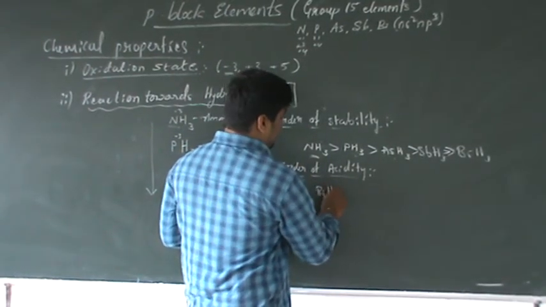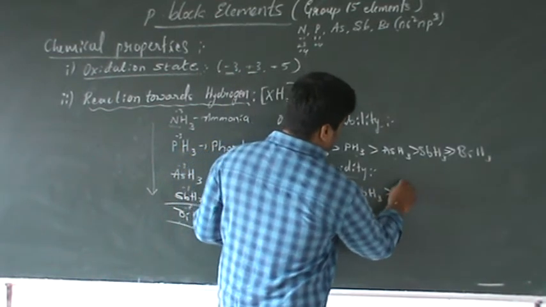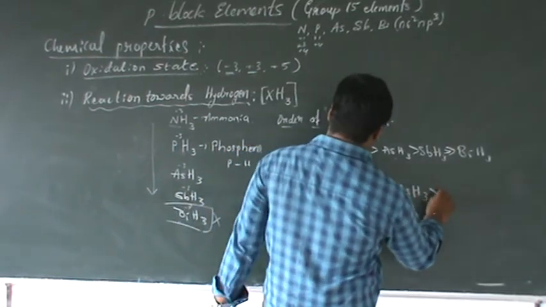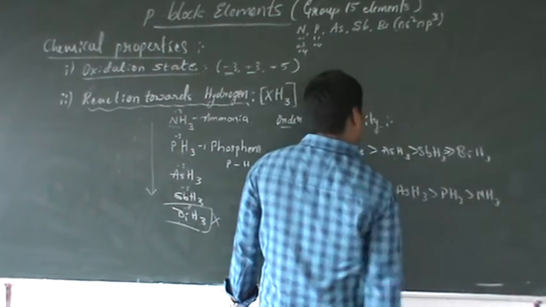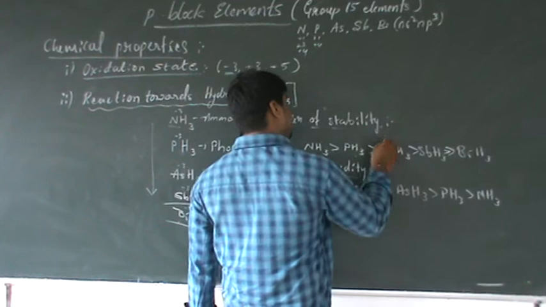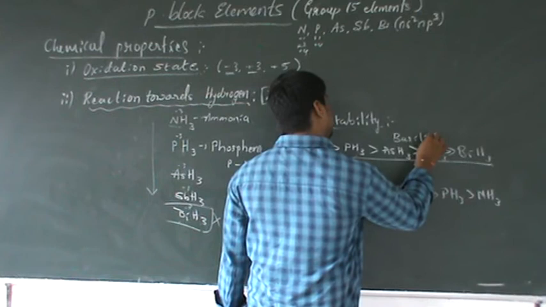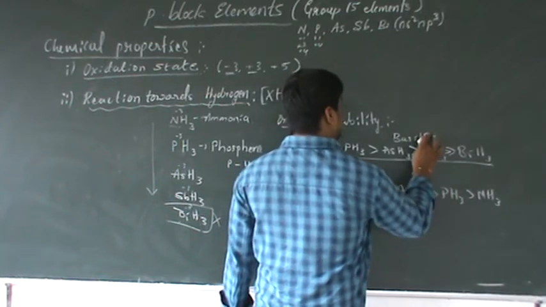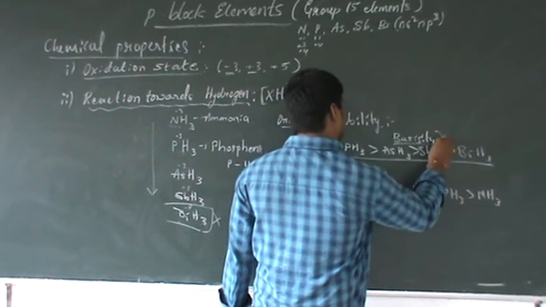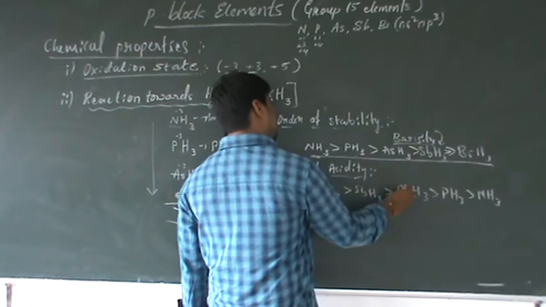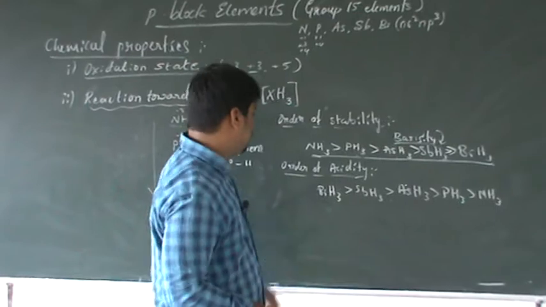Bismuth hydride is a strong acid compared to antimony hydride, next arsenic hydride, next phosphine, next ammonia. Okay, this is the basicity, acidity and stability order of these compounds. Bond dissociation is also like that.